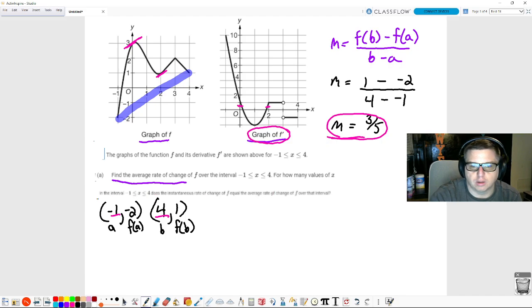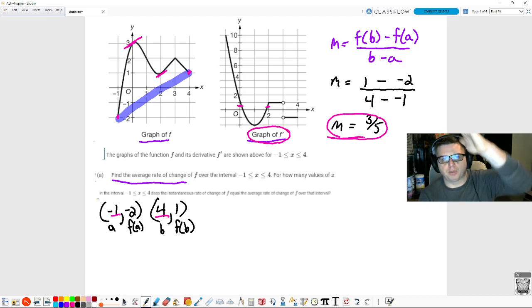I know that's really blurry, but I did the best I could. And if you looked at this question, that's exactly what it says. So where is the instantaneous rate of change equal to the average rate of change? They're saying, where is this average rate of change from beginning to end the same on our instantaneous rates of change? And remember, those slopes, as we go up the graph, are turning and changing all the time.